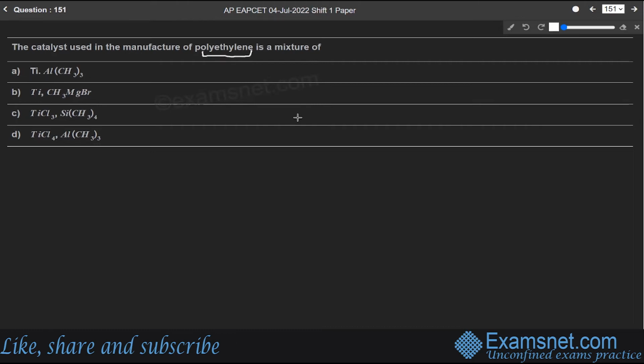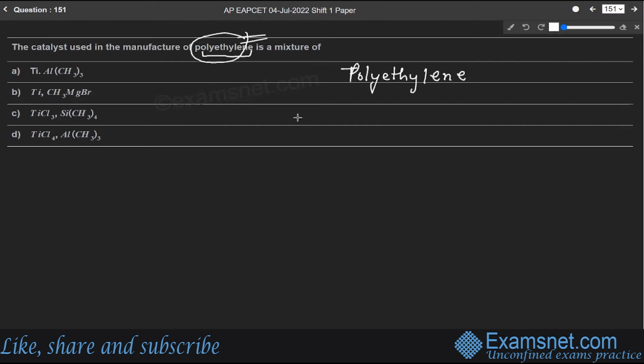When I talk about this polyethylene, what do you know about it? One reagent is used to manufacture this. That's given in NCERT. For polyethylene, ethylene, you use titanium tetrachloride and diethyl aluminium chloride.